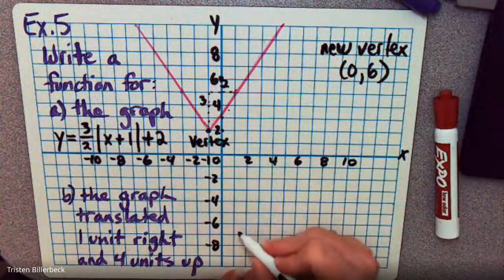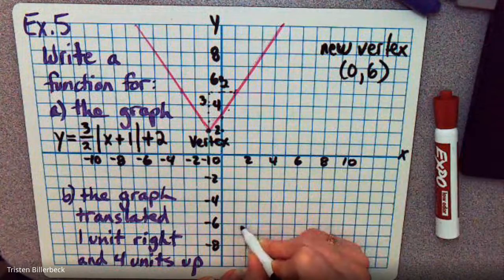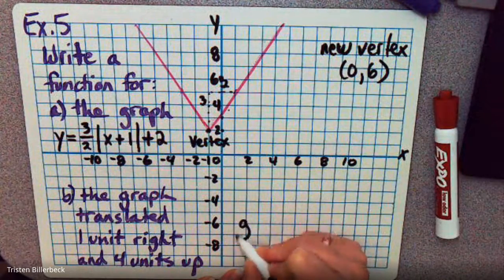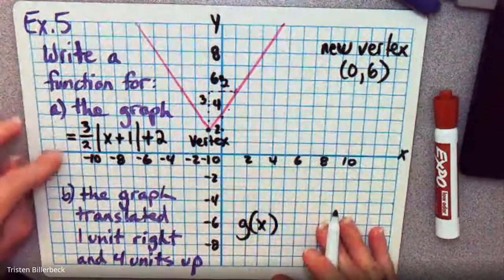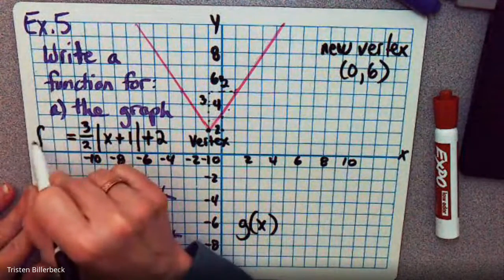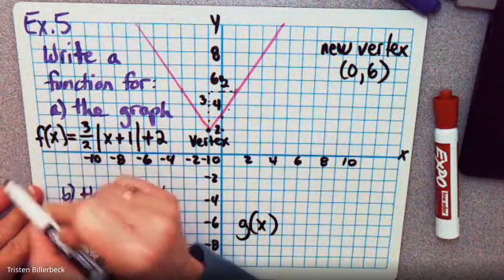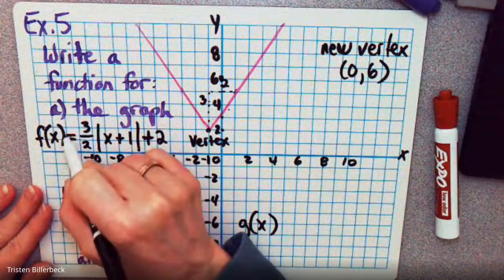So our new equation for this, we'll make it g of x. I guess, since we're writing a function, this should be f of x to be a certified function.